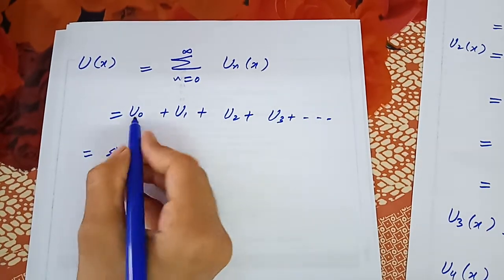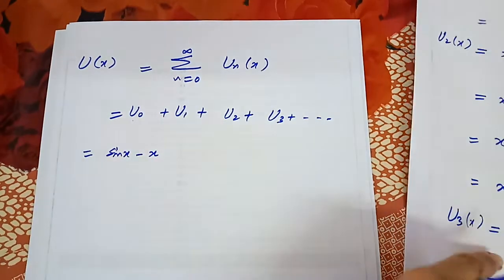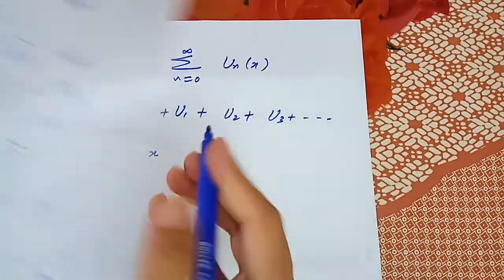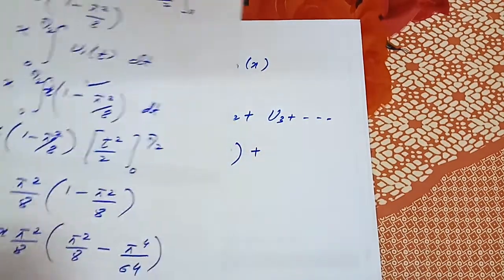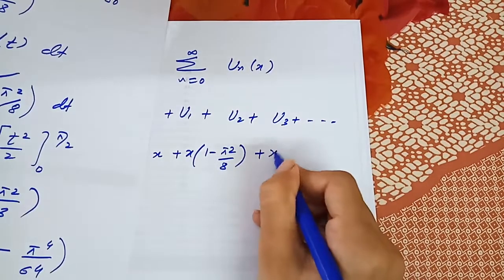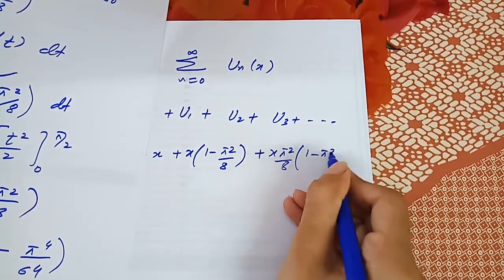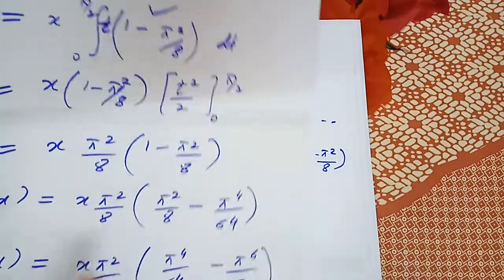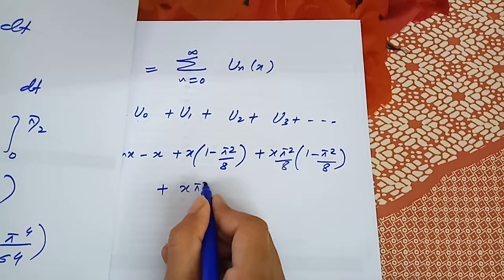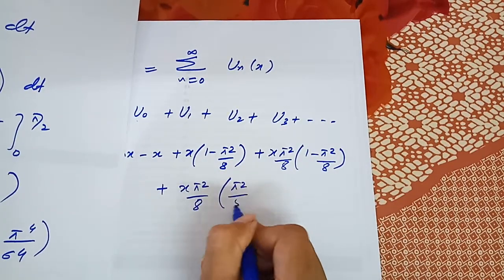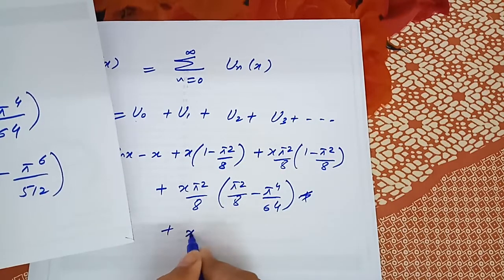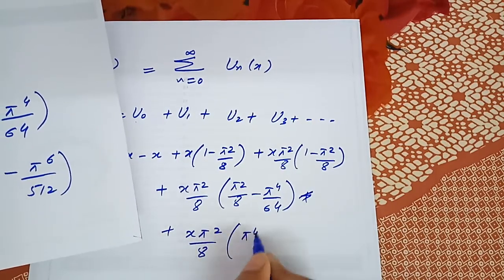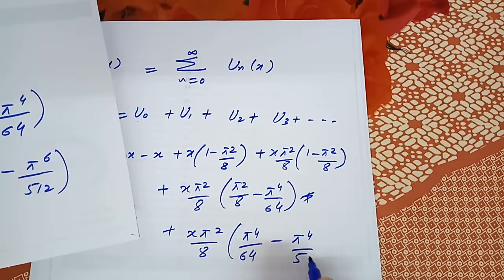Sine of x minus x was u0. u1 was this term, plus x times 1 minus pi square over 8, plus u2 was this value, x pi square by 8 times 1 minus pi square by 8, plus u3 was this value, x pi square by 8 times pi square by 8 minus pi 4 by 64, plus u4 was this value, that is x pi square by 8 times pi 4 by 64 minus pi 6 by 512.